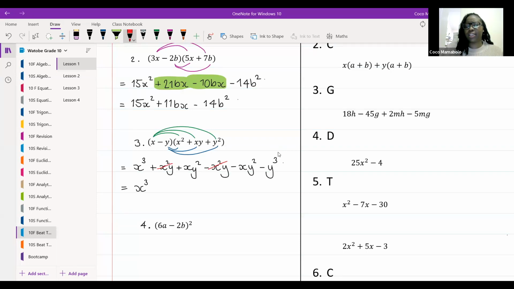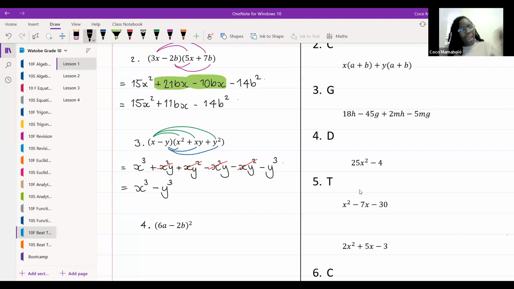And that's going to give us? They are going to cancel each other. Beautiful. What next? Then our positive XY squared is going to cancel with the negative XY squared. Beautifully done. Good. And what do we have left now? Now we are left with negative Y cubed.